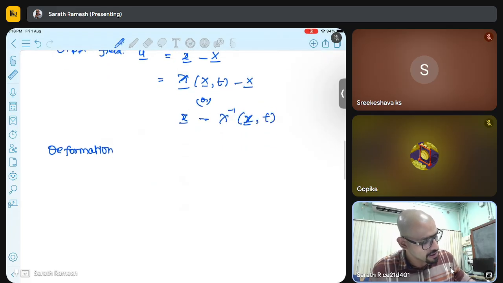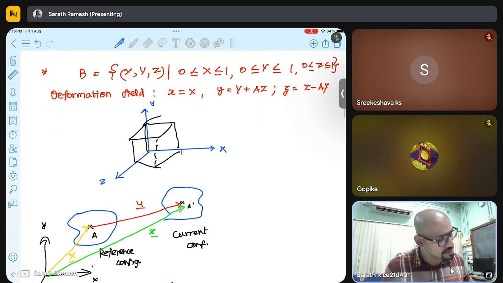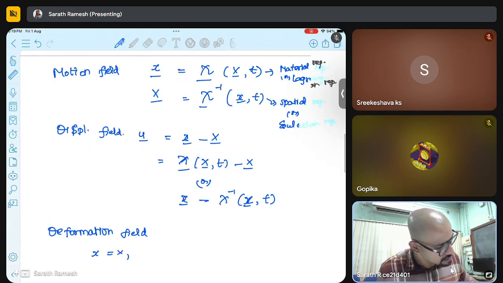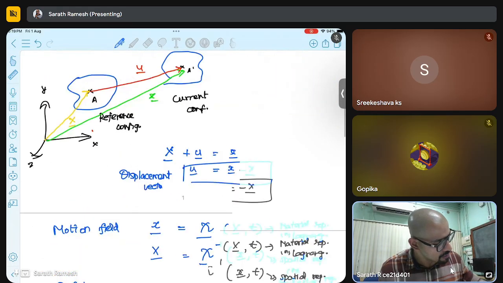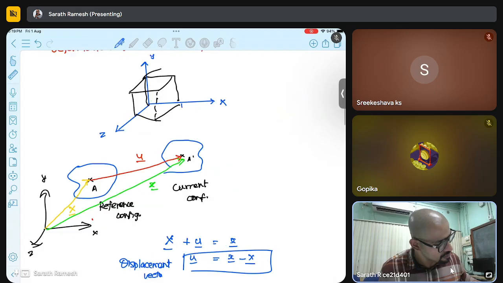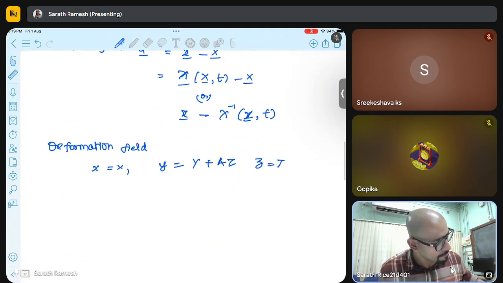So the deformation field given here is small x equal to capital X, small y equal to capital Y plus az, and small z equal to capital Z minus ay. So this is what is given in the question.